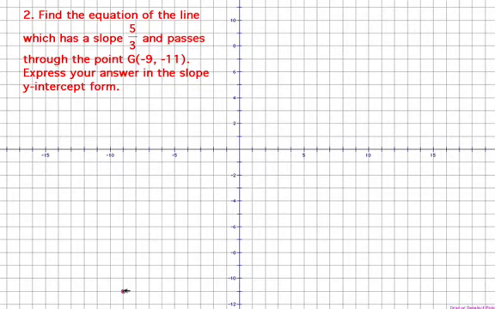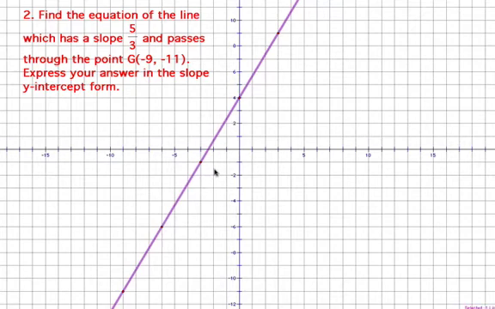So from this point we go up 5, 1, 2, 3, 4, 5, if I can count right, and over 3, and put a point. Then up 5 and over 3 again, and we keep doing this. Now we draw our line.